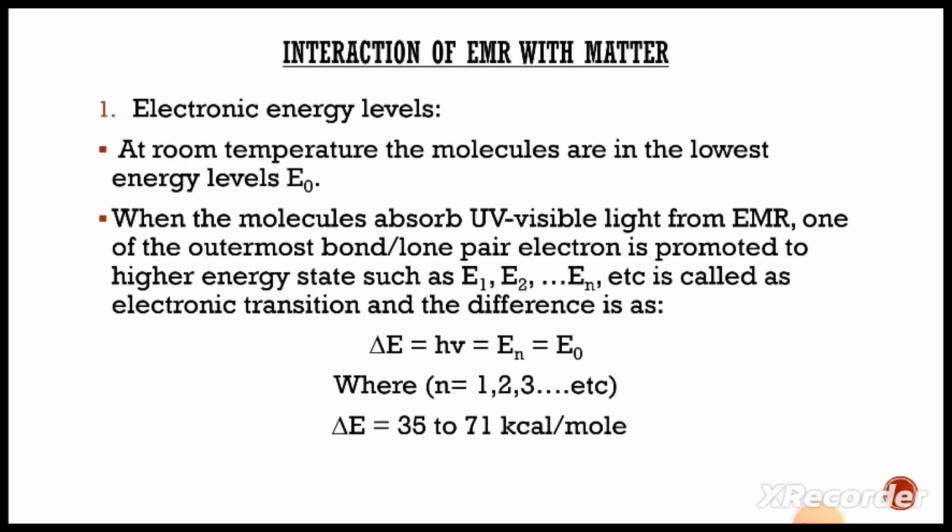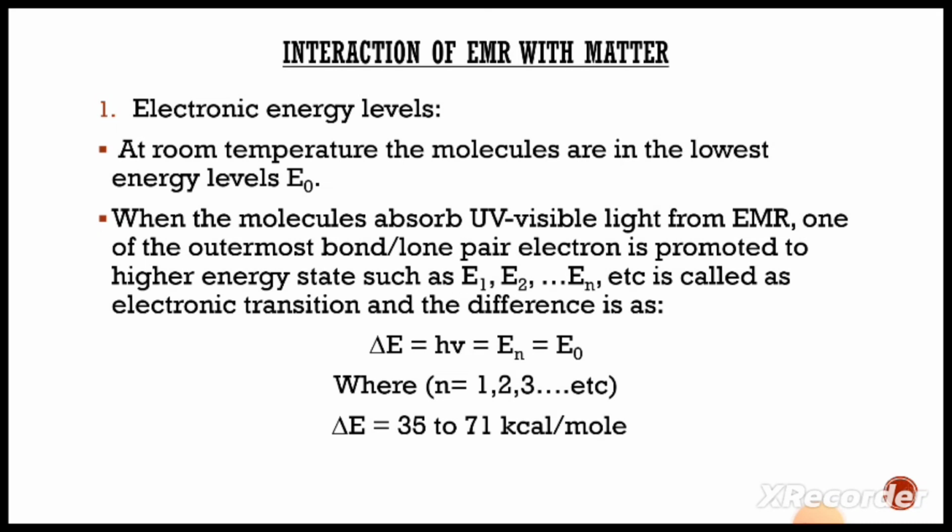Now the interaction of EMR with matter. EMR is electromagnetic radiation. The first term is electronic energy levels. At room temperature, the molecules are in the lowest energy level, denoted E0. When the molecules absorb UV-visible light from EMR, one of the outermost bonding or lone pair electrons is promoted to a higher energy state such as E1, E2 and En.